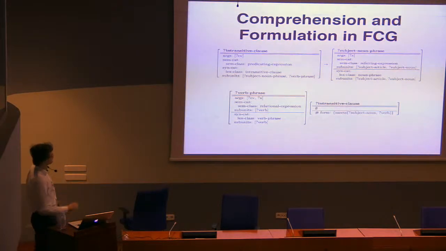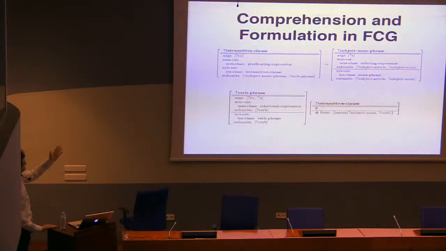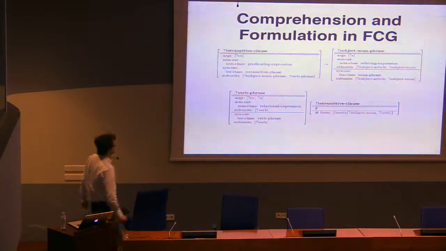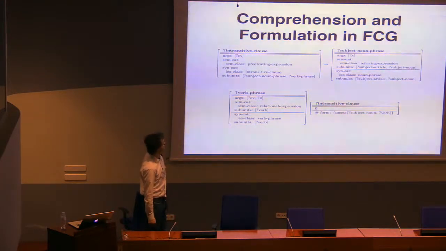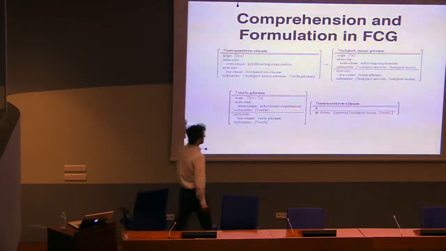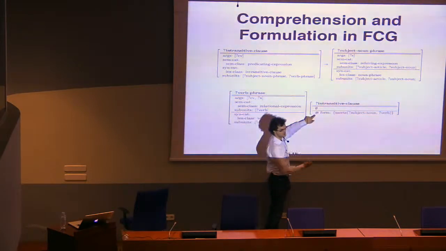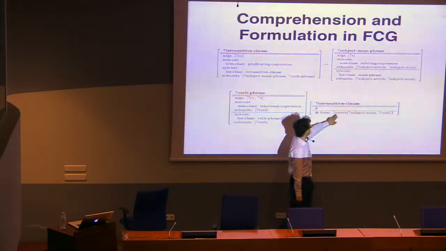But we also have constructions on a more abstract level, like an intransitive clause. This actually looks for a subject noun phrase with some features, and for a verb phrase with some features. In the input, the hash means it's in the input, it has to be found.